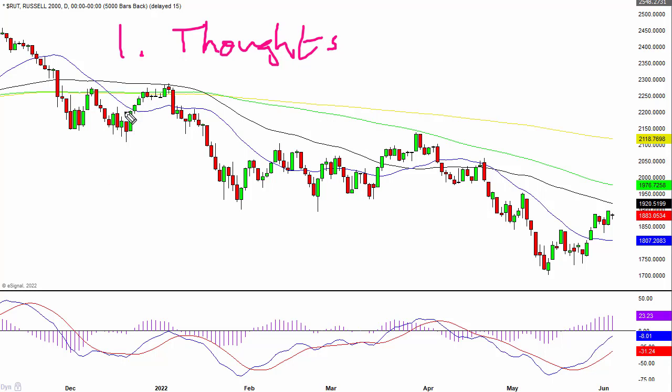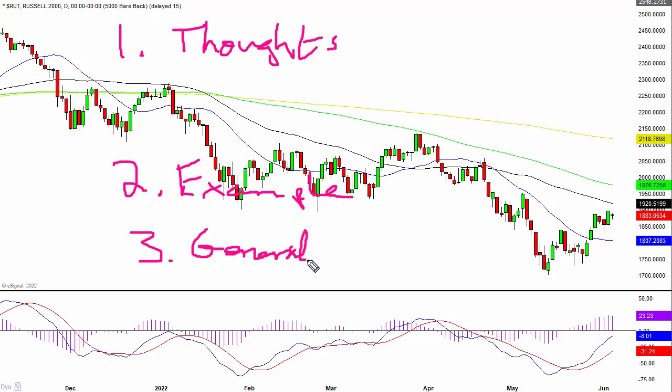I'm going to go through an example of a trading strategy that I built years ago, and I'm going to go through some general advice with regards to trading strategies and creating them and what to do with them.